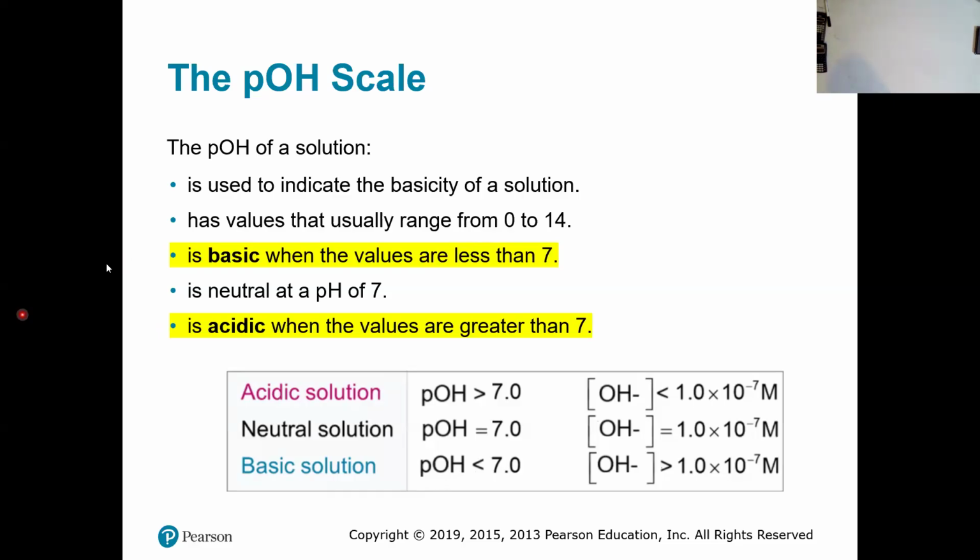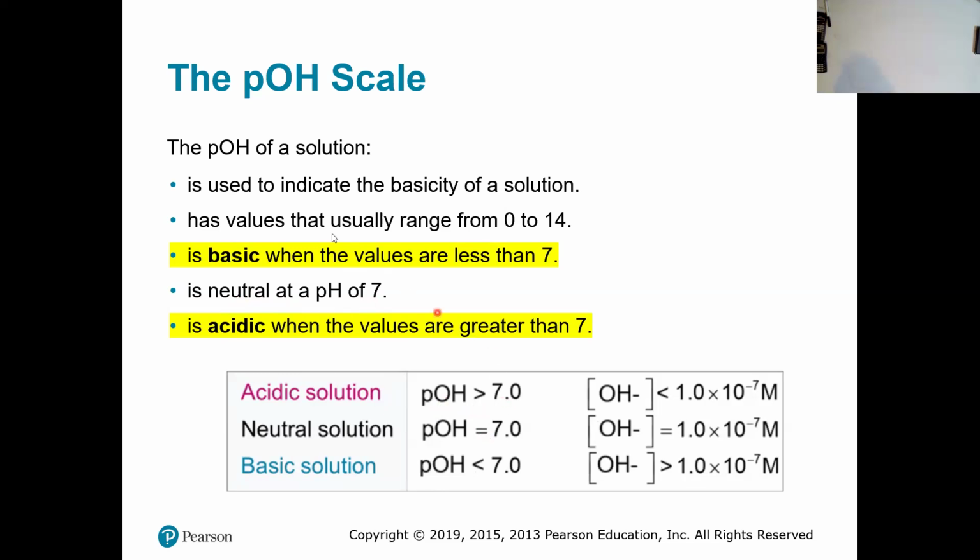On the pOH scale, things that are very close to 0 are very basic. Things that are at a pOH of 7 are neutral. And when things are acidic on the pOH scale, they're going to have a pOH that's greater than 7. So it's the exact opposite of our pH scale.